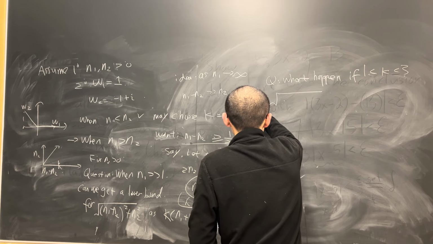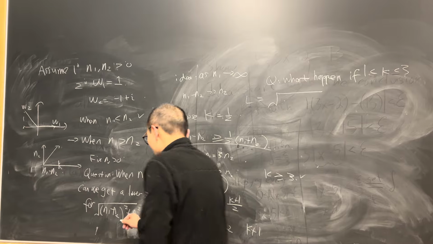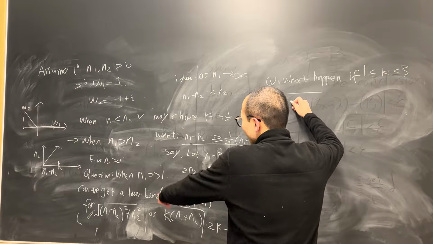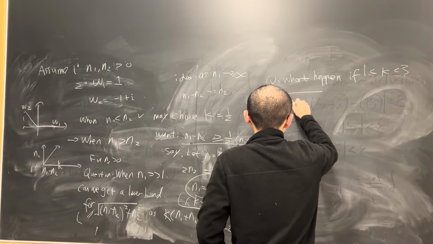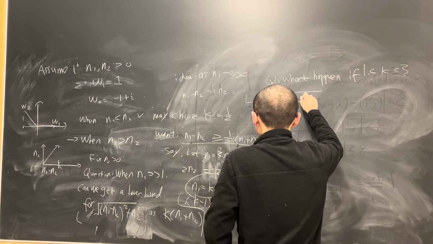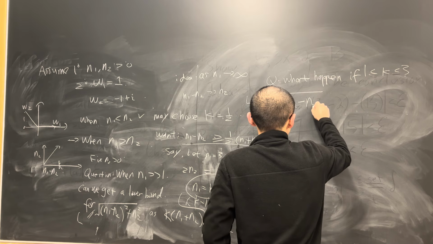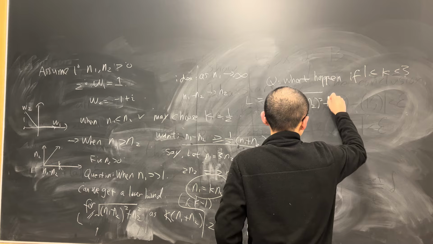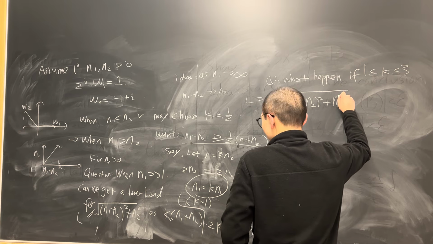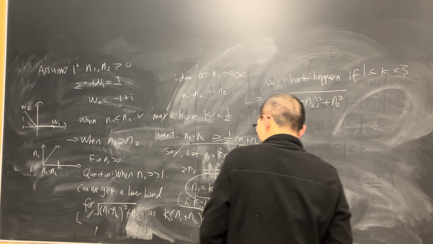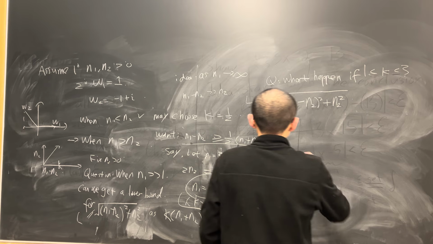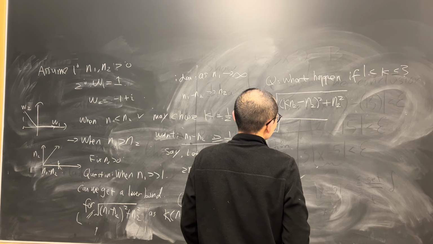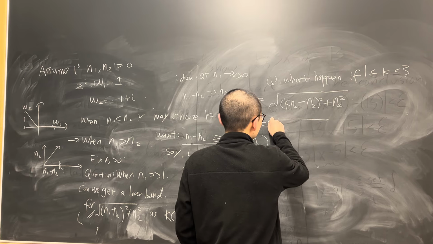So then I defined it, let L be this guy, okay. So then L is equal to k n2 minus n2 squared plus n2 squared. Okay. So let's see. Then this is equal to, yeah. So you can definitely pull out this n2, right?